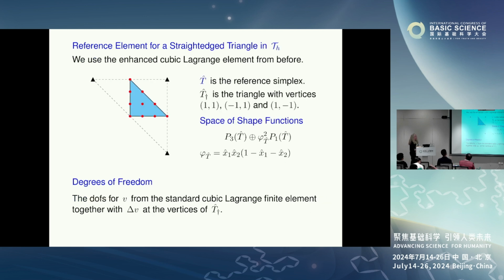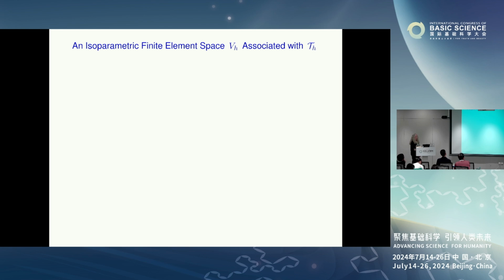For a straight edge triangle, we use the enhanced cubic Lagrange element from before in the first part of the talk as our reference element. For a triangle with a curved edge, we use an enhanced modified cubic Lagrange element as the reference element. Everything's the same, except we change 2 degrees of freedom. So now we can define an isoparametric finite element space in the usual way.